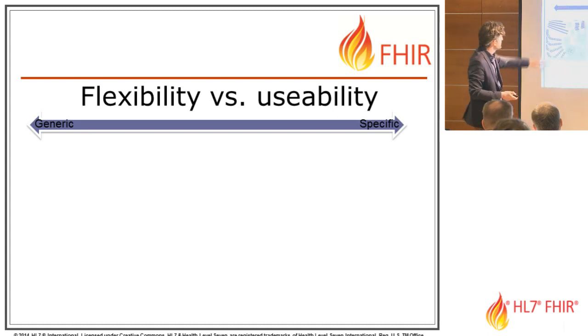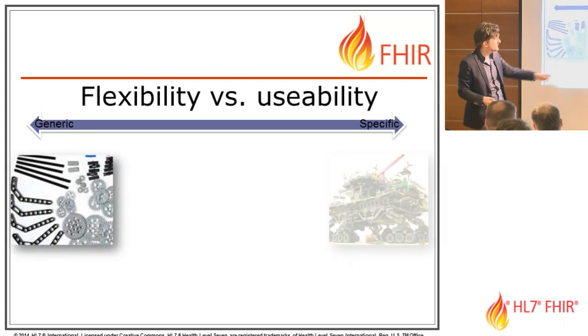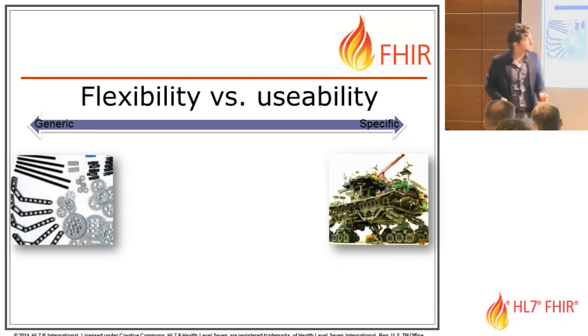On the other hand, this is like, say, the Lego, these pieces, as I said, you can combine them in so many ways. The chance with just such generic standards that two vendors will do exactly the same thing is minimal. On the other side of the spectrum, I have that completely described piece of Lego here.